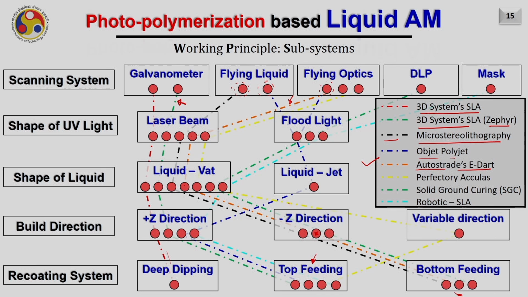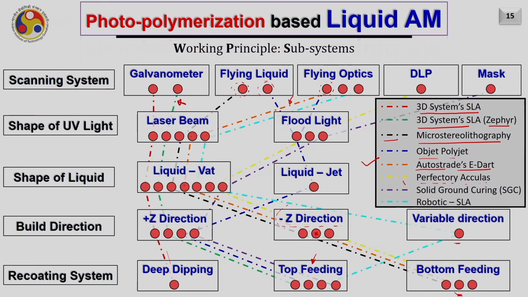As I have already mentioned, when the part is built in minus Z direction, usually bottom feeding is preferred. Next is the Perfactory Aureus. It uses DLP technology and utilizes floodlight. It can be tracked by the yellow line. Uses a liquid vat, builds the part in minus Z direction and provides bottom feeding.